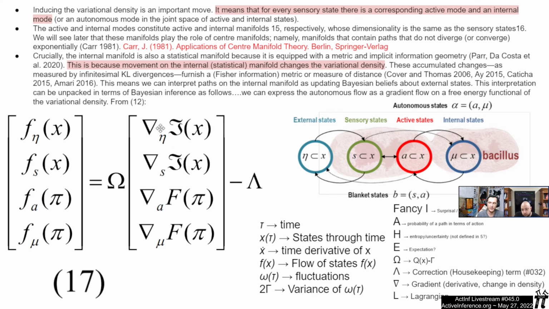As for the top two, the external and the sense states, those are going to be about surprise, surprisal. For action and internal states, the autonomous states, that is free energy. Minimizing surprise about external and sensory states, minimizing free energy about autonomous states.